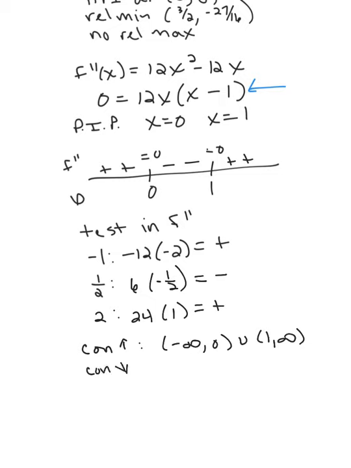We are concave down between 0 and 1, and because we did change signs on each side of the numbers, both of them are inflection points. So we have inflection points at 0, put 0 into the original, you get 0, and at 1, putting that into the original, you get negative 1 for your y value.